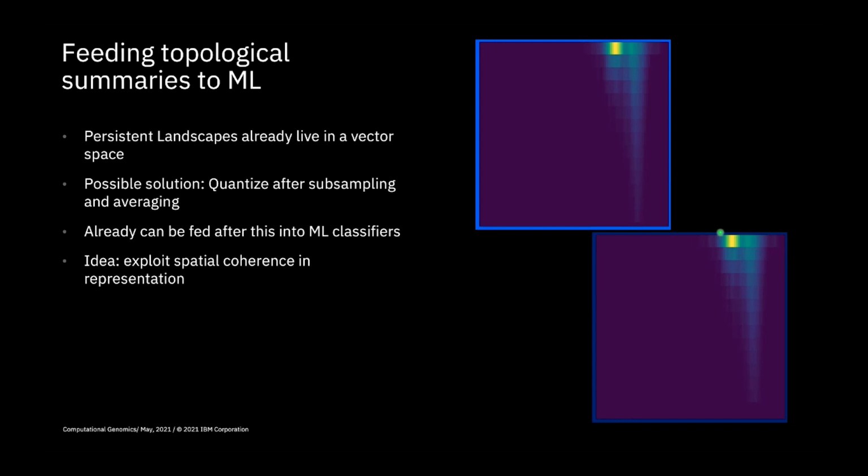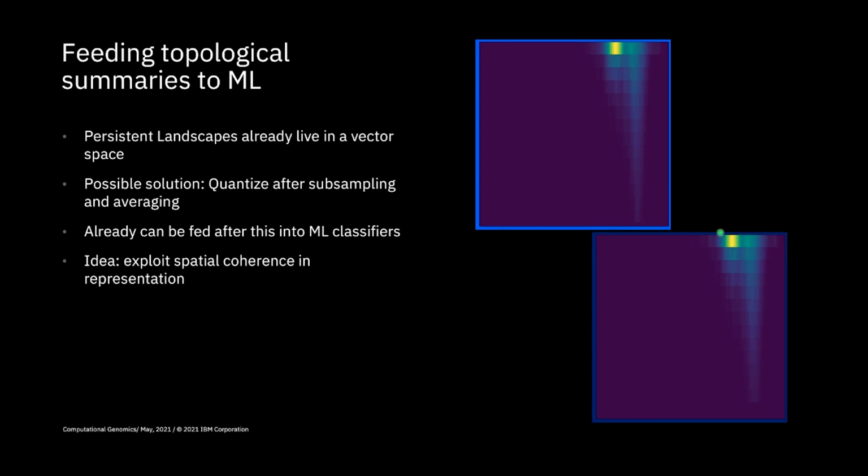And then we thought about feeding this into ML classifiers. But then we thought, since we're getting these landscapes in different degrees of homology, why not put them all together and just use neural networks with them?